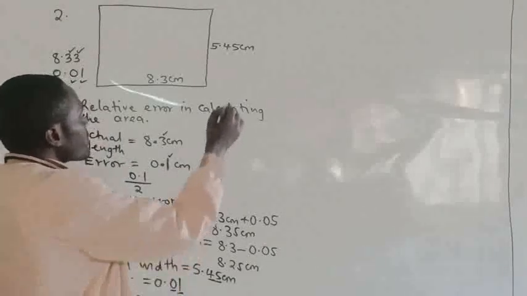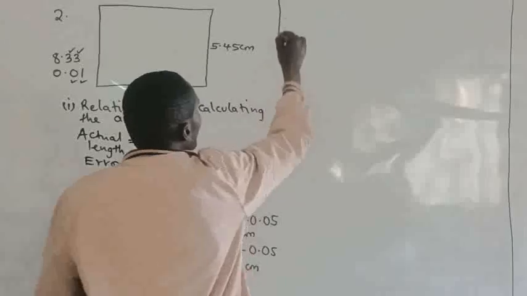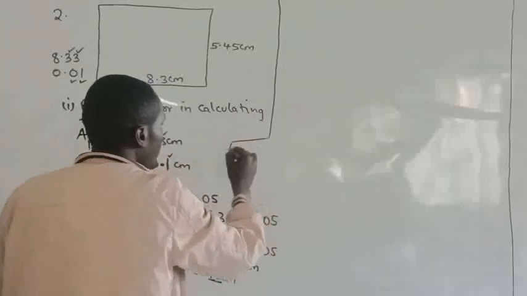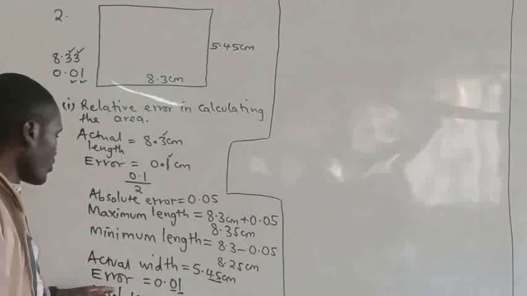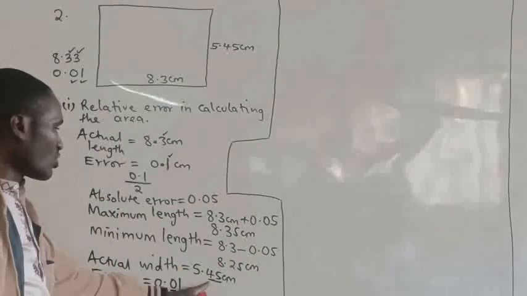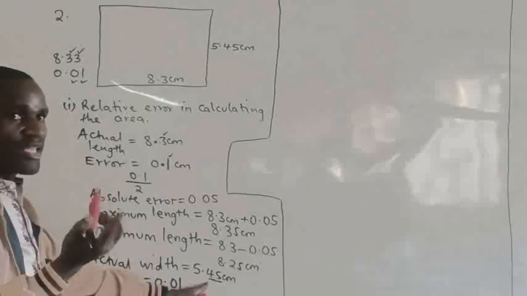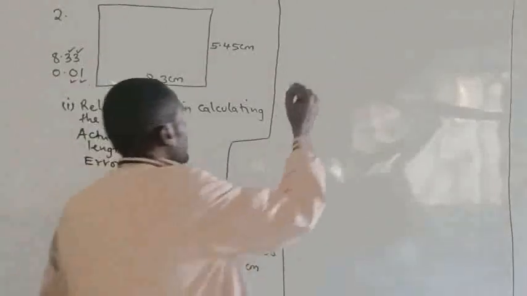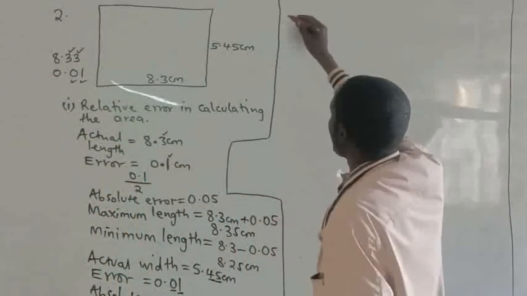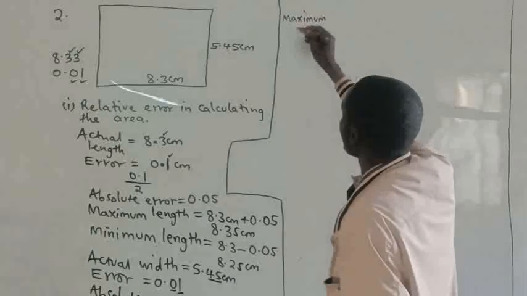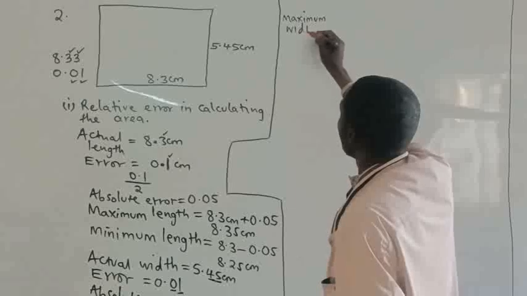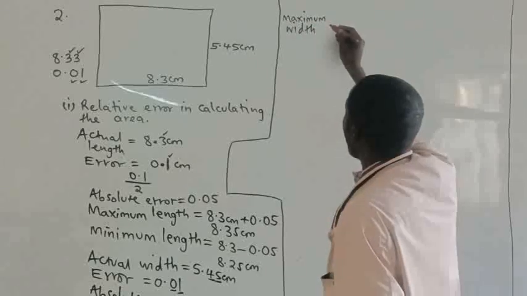That becomes our absolute error. So from this absolute error and this actual width, you can get the maximum width and the minimum width. So you can come here and have maximum width. How do you get maximum width?